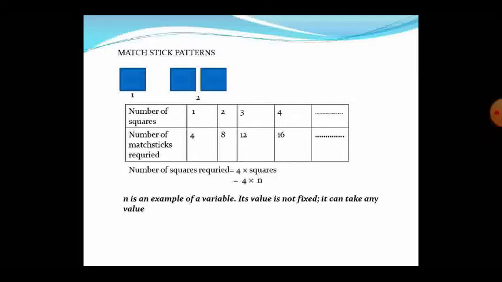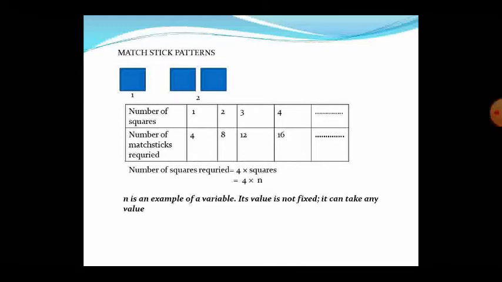Here you may have a doubt: what is this n? n is an example of a variable. Here n is an alphabet, right? n is called a variable. Why is it called a variable?